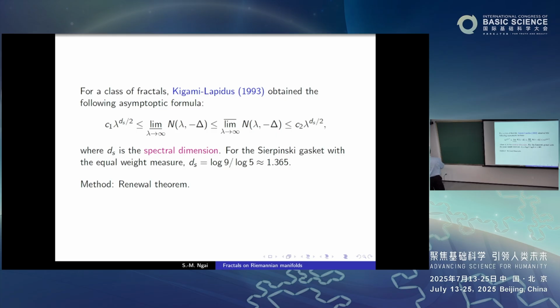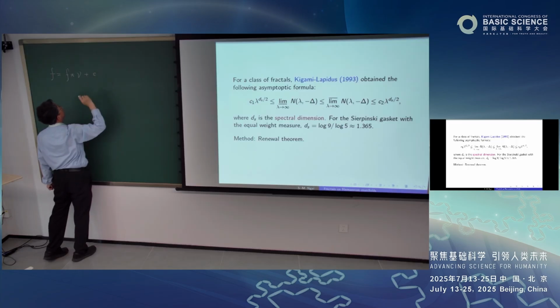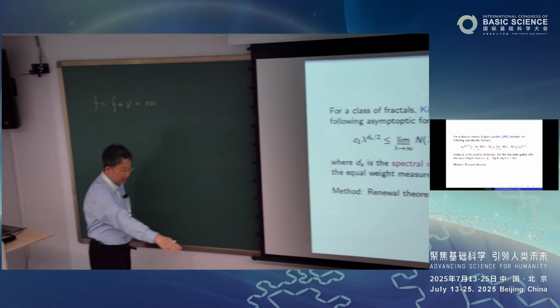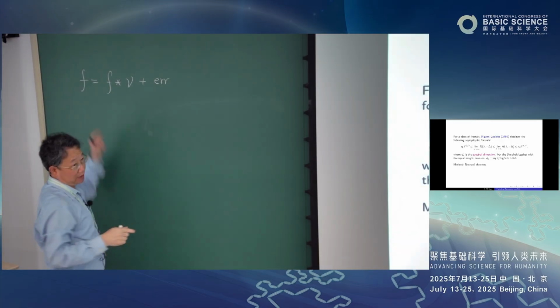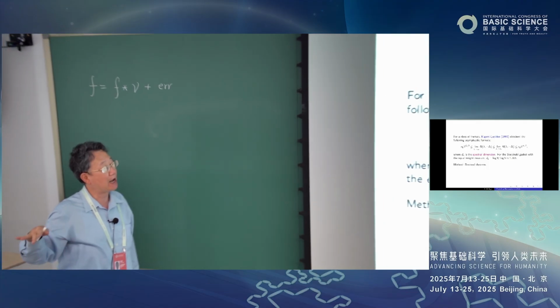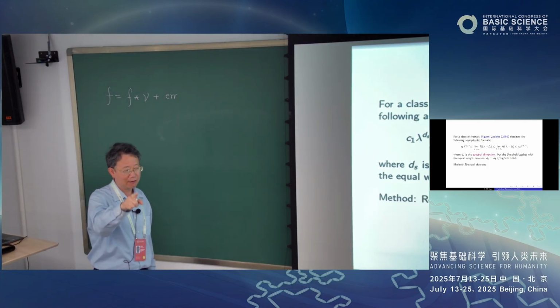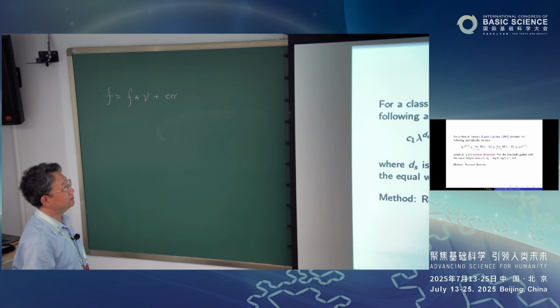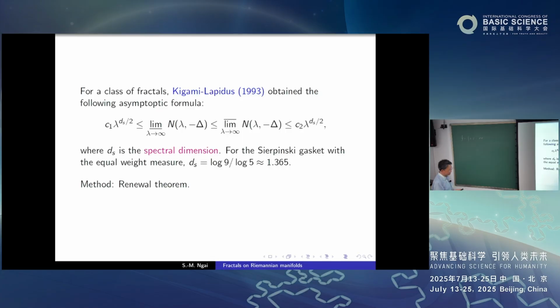So the renewal theorem says that if for a function f, we can write f as the convolution of f with some probability measure plus some error term, and if the error decays sufficiently fast to 0, then f either tends to a non-zero constant, or f is a non-zero periodic function, or multiplicatively periodic function.